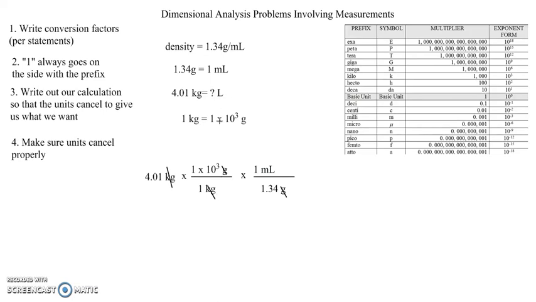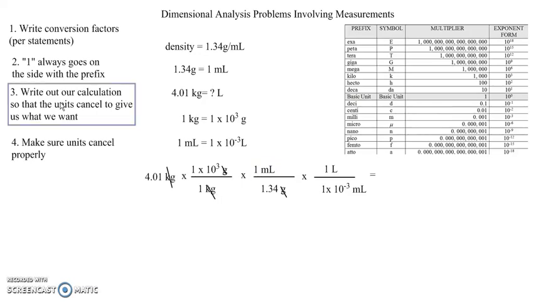But I need to go to liters, so I need one more statement, which I forgot to write at the beginning. That's why I'm mentioning it now. I should have written it at the beginning, since I had milliliters here and I wanted liters: 1 milliliter equals 1 times 10 to the negative third liter. Like I said, I apologize. But when you go through a problem, if you have the wrong units, you can go back and look and see where you made your mistake.